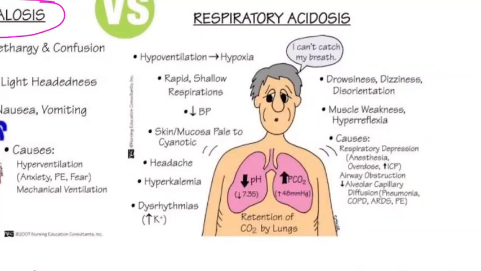You cannot release the CO2. That can cause drowsiness, muscle weakness. Understand that even anesthesia can do this, overdosing, and so on and so forth. Now, how does that change the pH of the body? As you can see, it's going to continue to go lower. It's going to be lower than 7.35.